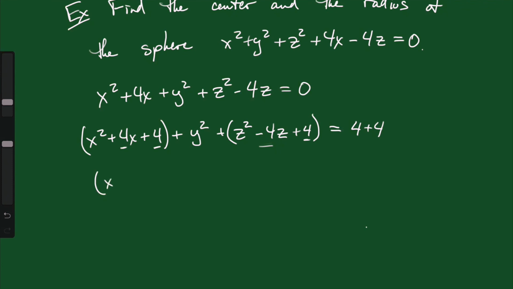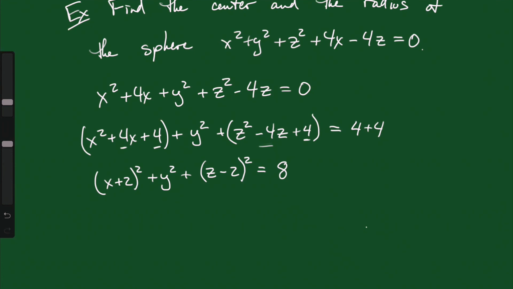I get x plus 2, quantity squared, if you factor that first parentheses, plus y squared, plus z minus 2, quantity squared is equal to 8. Very good. And now this is a sphere in standard form.